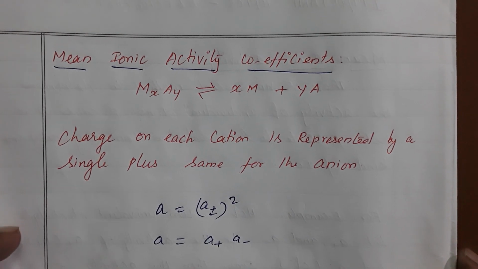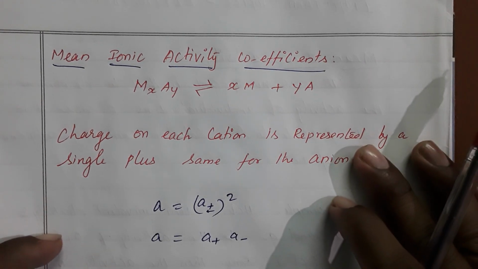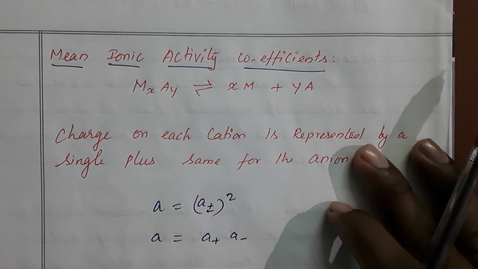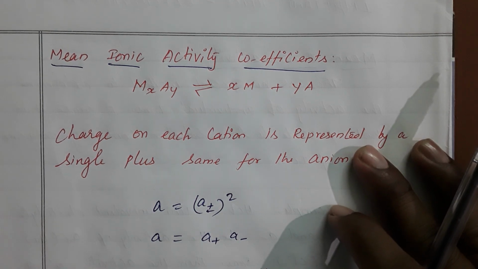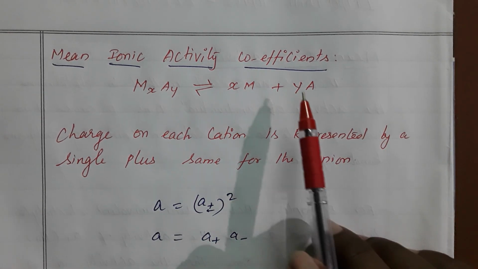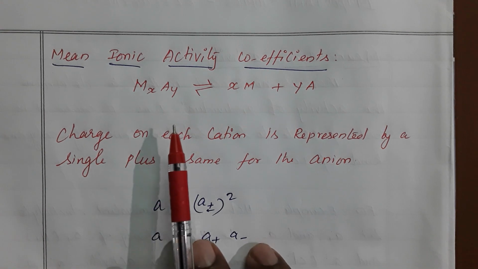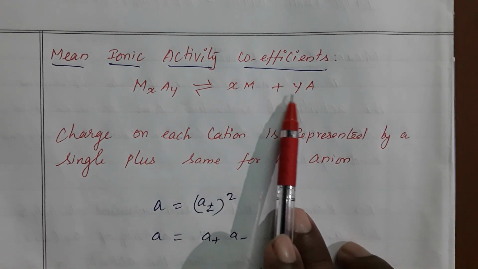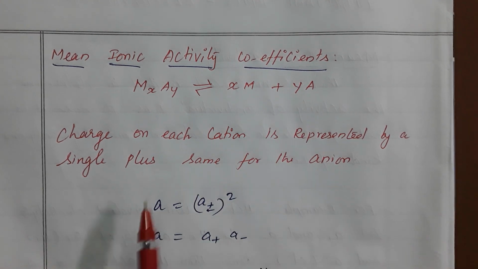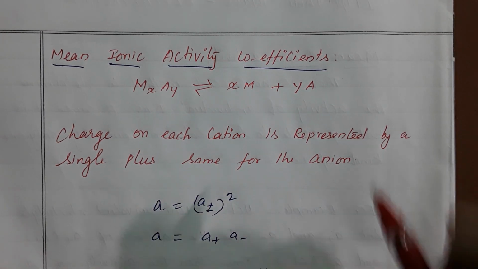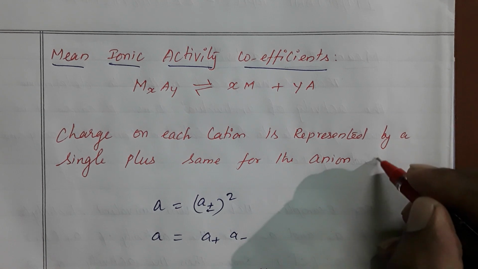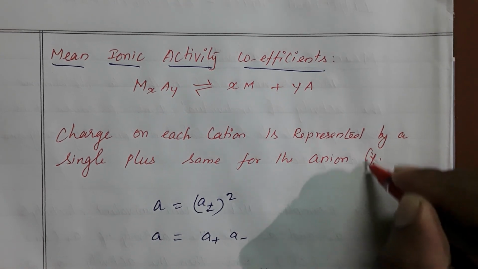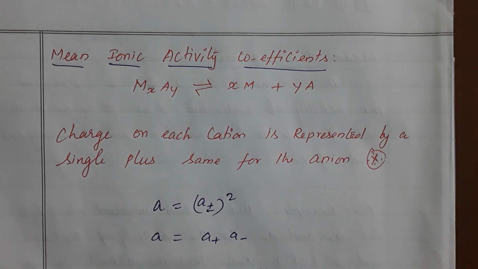The next topic is mean ionic activity coefficient. This is another very important topic. Take a reversible reaction, M x A y, giving x moles of M plus y moles of A. Here is one important condition: the charge of each cation is represented by a single plus, and the same for the anion.